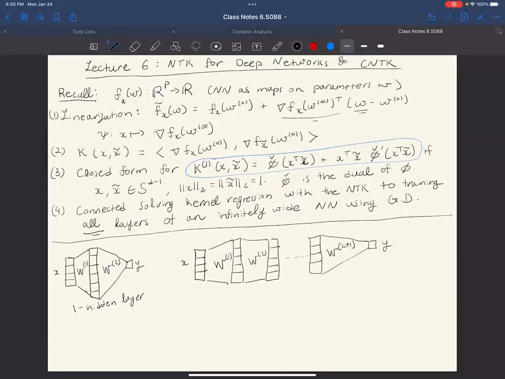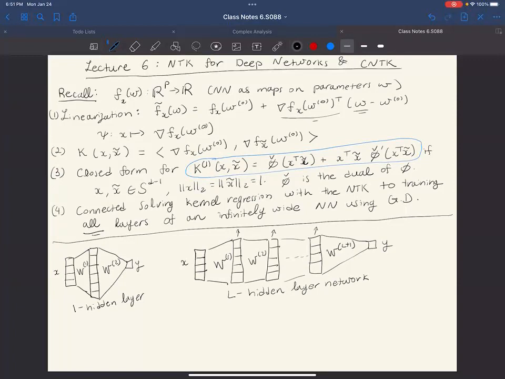And this will give us our output Y. And this is going to be an L hidden layer network. And we're going to compute the neural tangent kernel in a recursive fashion as all of the widths of these networks, as the number of hidden units for each layer goes to infinity in a particular order.